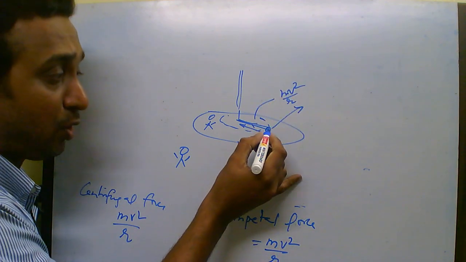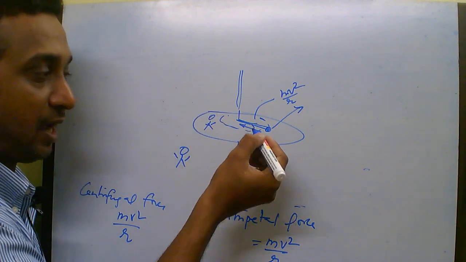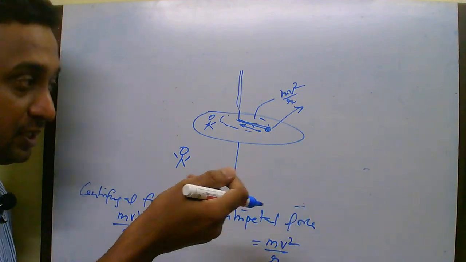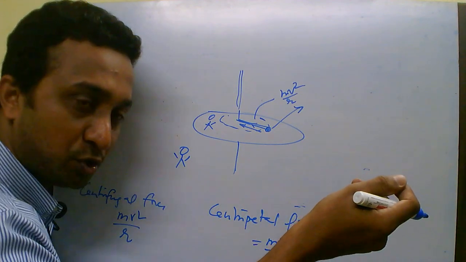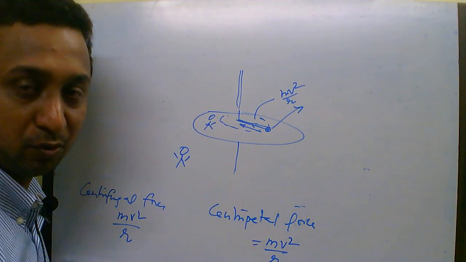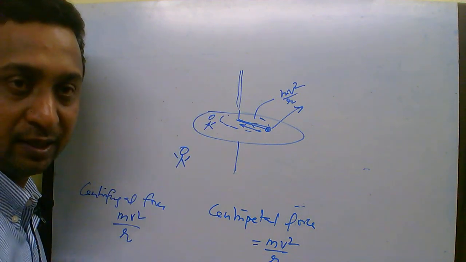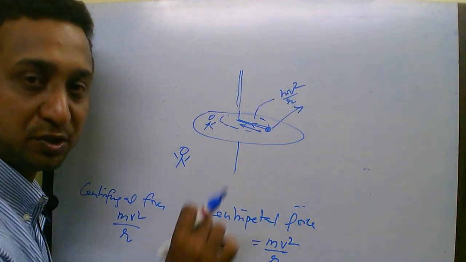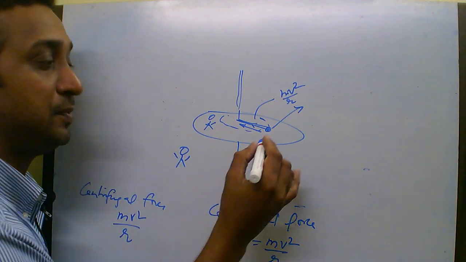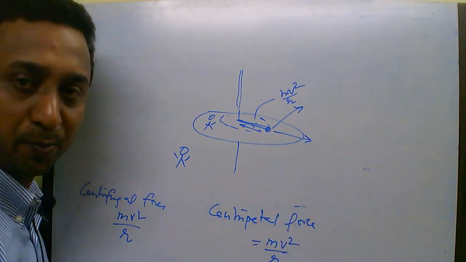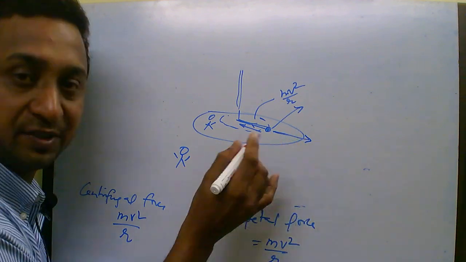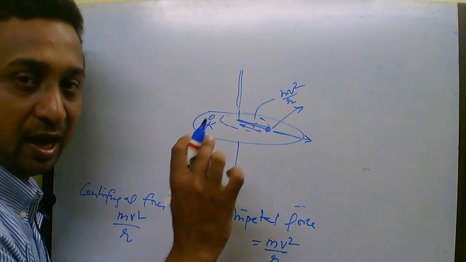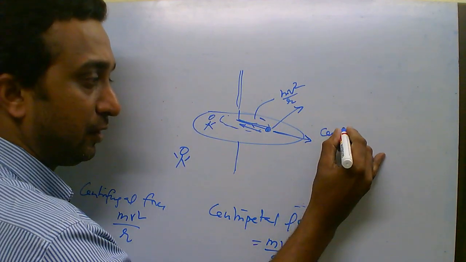A force is acting over that body, pulling it towards the center, so actually the body should move towards the center as per the person standing on that disc, but he does not feel that the body is moving towards the center, even though a force is acting over it. So he should assume an equal force is acting in the opposite direction on that body, which counterbalances it. That is why this body is not being pulled towards the center, and that opposite force is the centrifugal force.